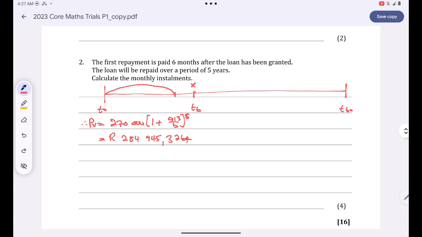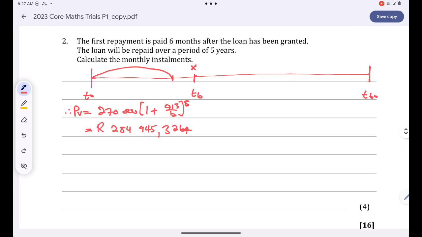So they want us to find the monthly installments. So our monthly installments, guys, will simply be: I now know the present value is equal to that guy, and then X, that's what you are looking for. The interest rate is just equal to 0.13 divided by 12. M is equal to 12 since the interest is compounded monthly.